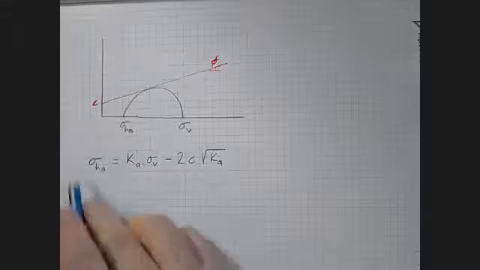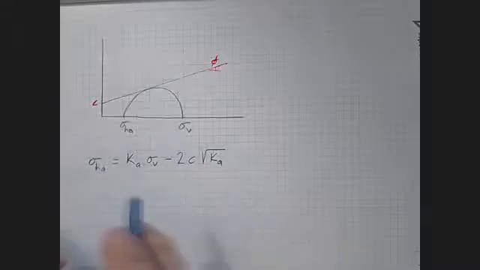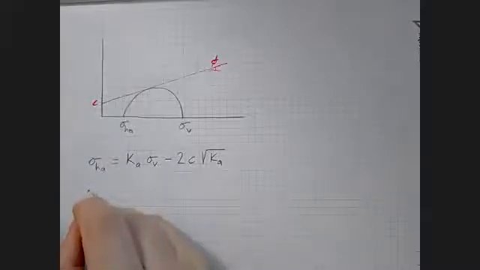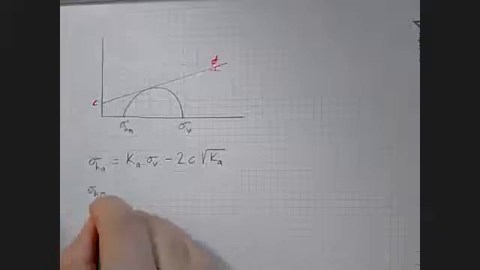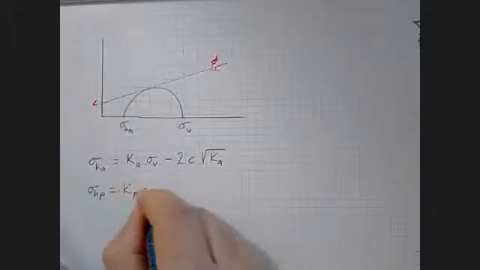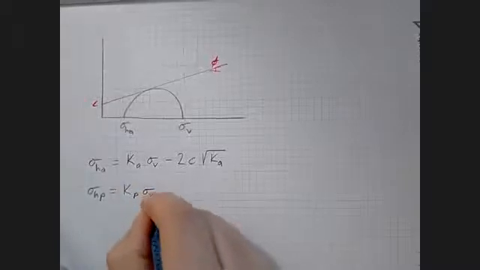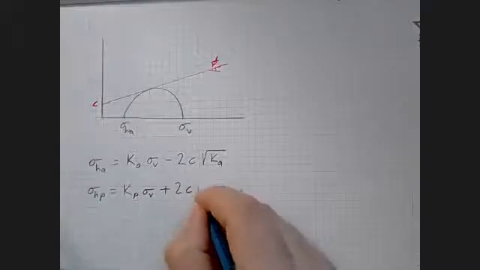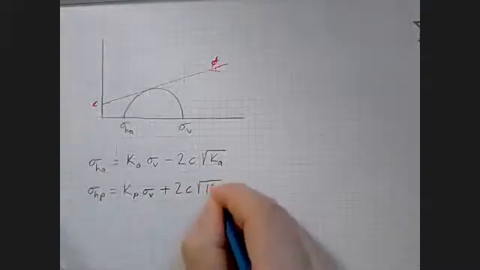So this is your general equation, and if you switch places, then what you are going to get is sigma horizontal passive is Kp sigma vertical plus 2c square root Kp.